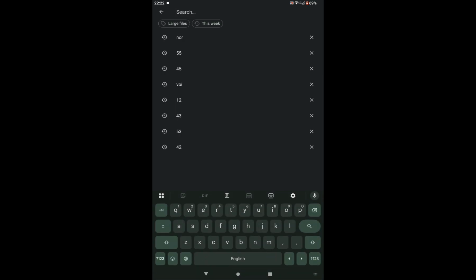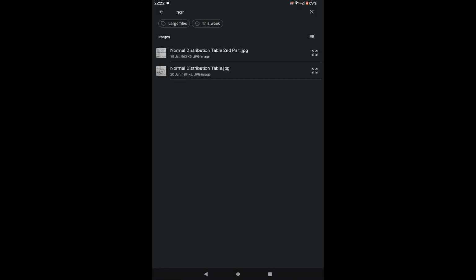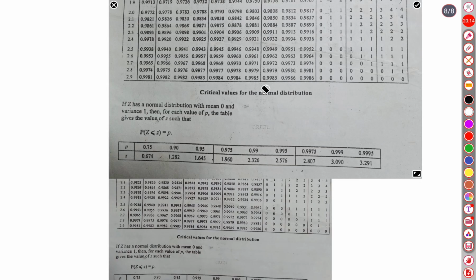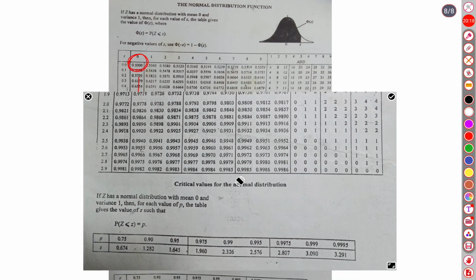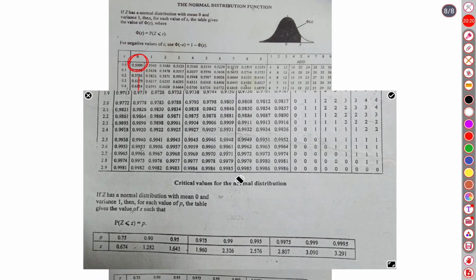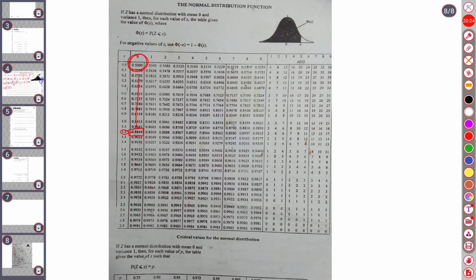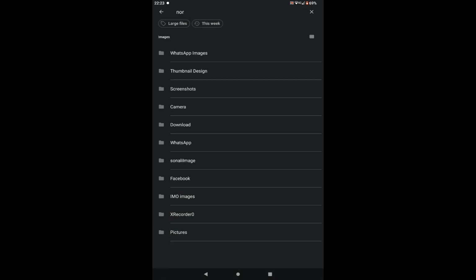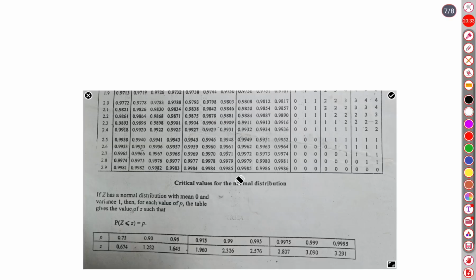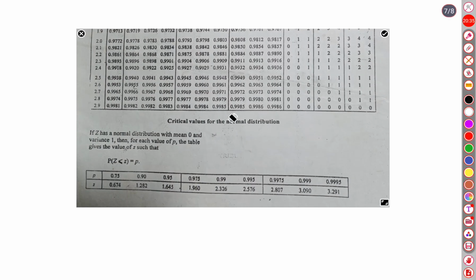It is the normal distribution, first one. Not on this page, on the next page. Yes, over here. This is the lower part of the same table.